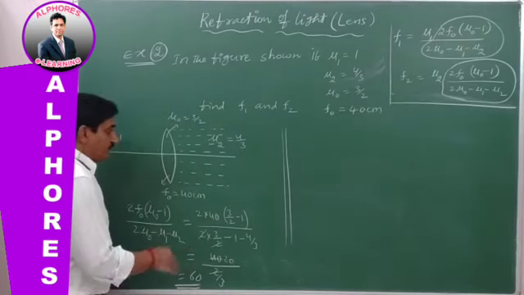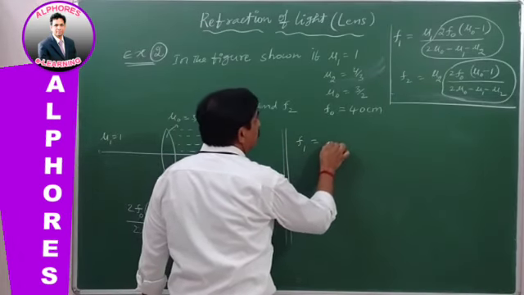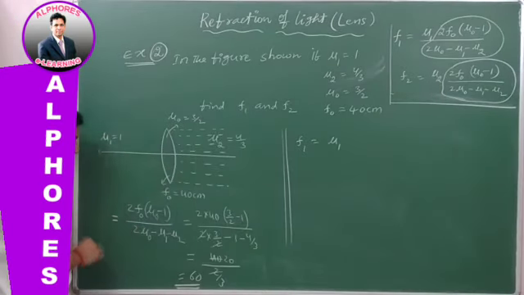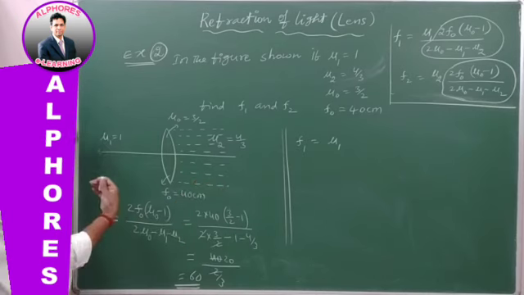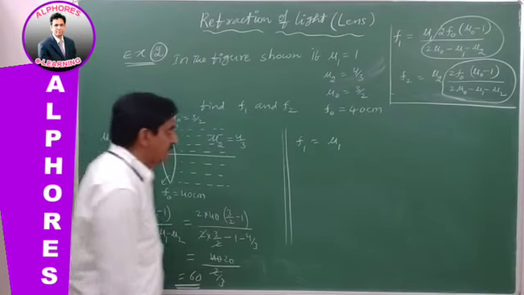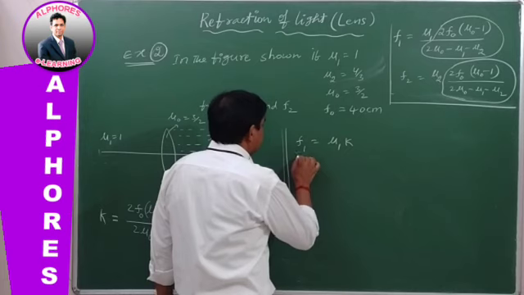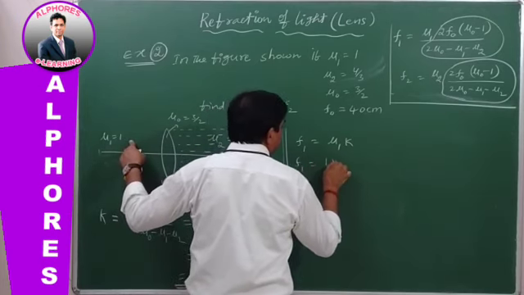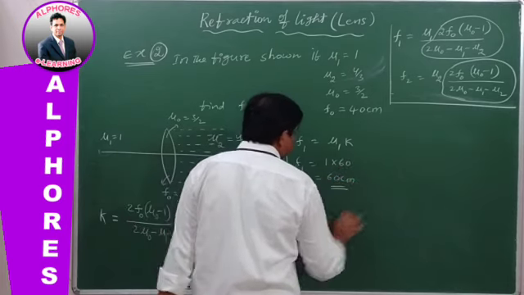So after this, go for the first one, f1. f1 is equal to mu1 into whatever value we calculated. Let it be a constant, say k. So f1 is equal to mu1 k. So f1 is equal to mu1, which is already given as 1, into k, 60, which is 60 centimeters for the first focus point.